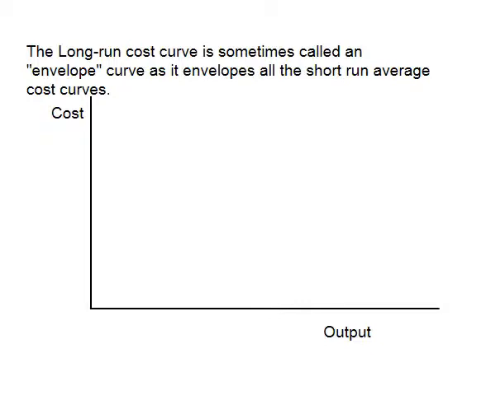So let's first draw the long run. We'll call this the long-run average cost curve. And then we're going to see that it can envelop a series of short-run curves.